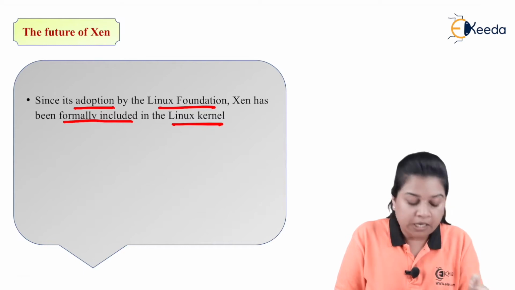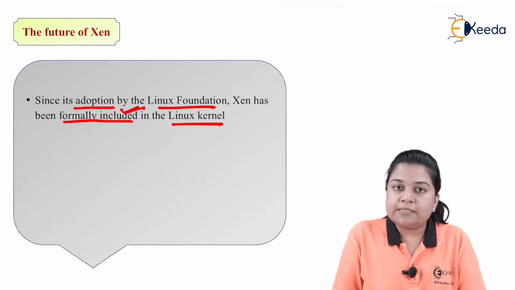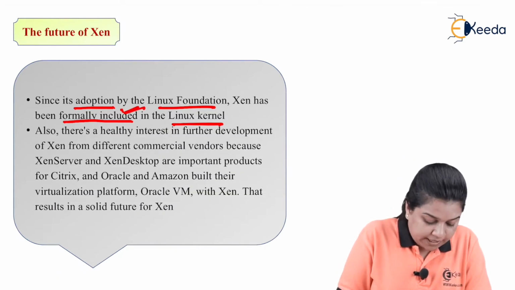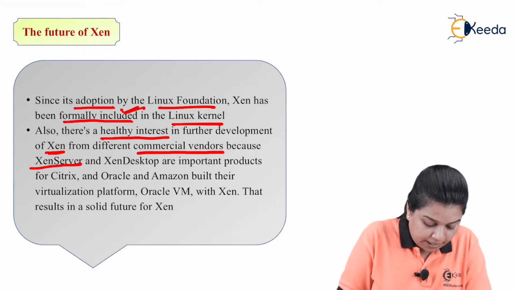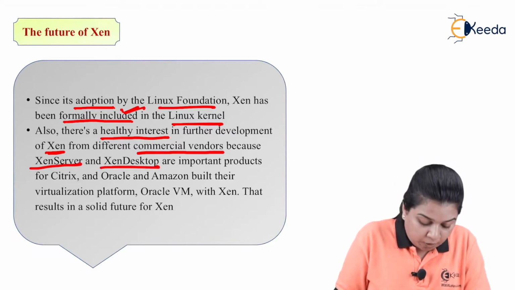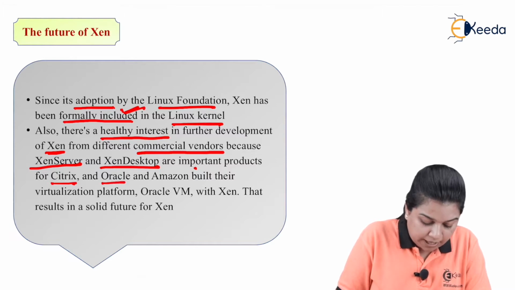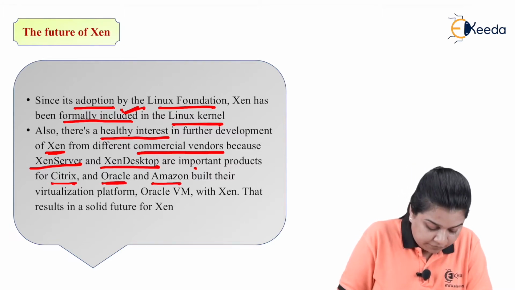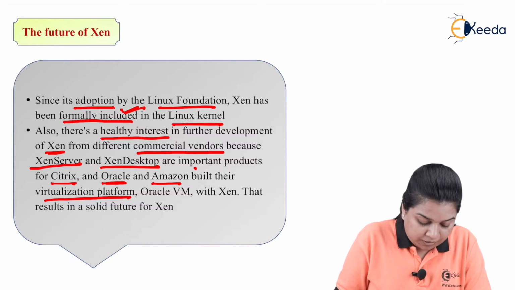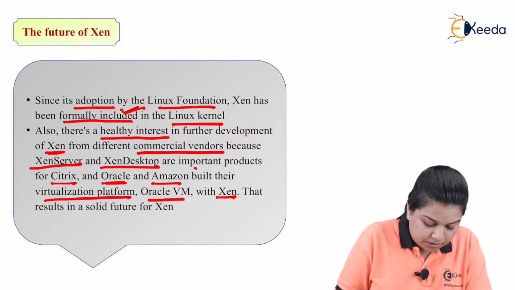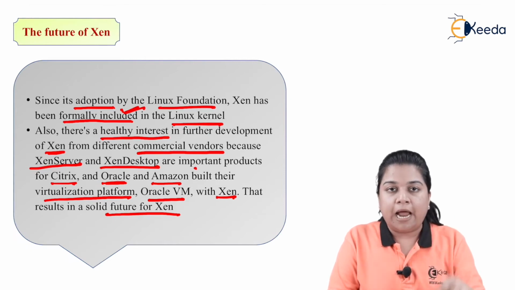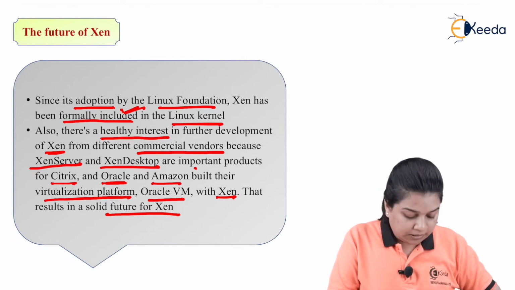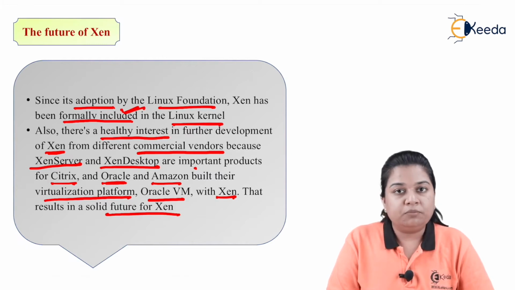Also, there is a healthy interest in further development of Xen from different commercial vendors because XenServer and XenDesktop are important products for Citrix, and Oracle and Amazon built their virtualization platforms, Oracle VM, with Xen, which results in a solid future for Xen. That means it is being used and will be used in future with Oracle VM.